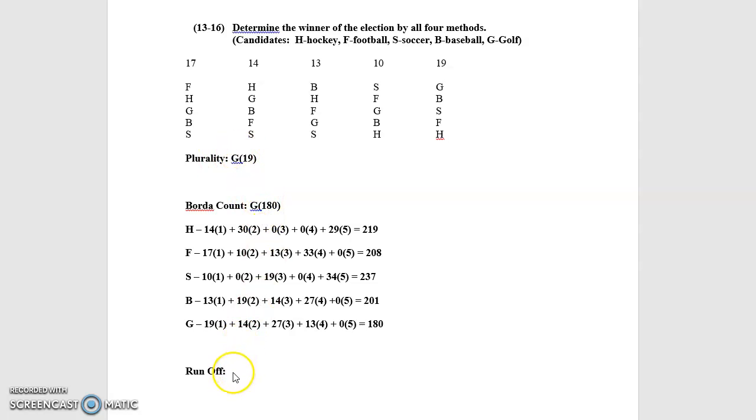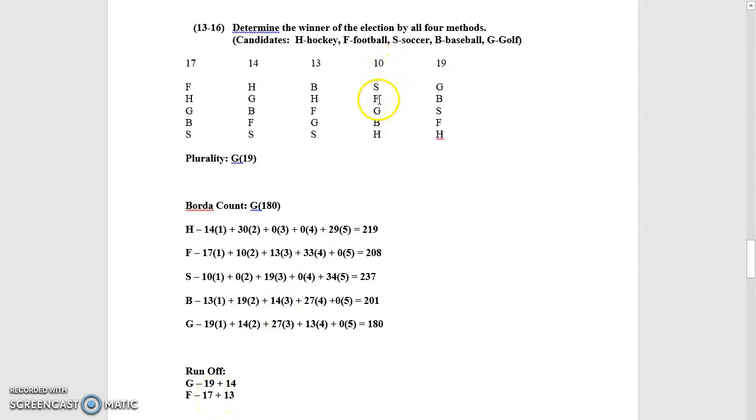Okay, now when I go to my runoff method, we have G with 19, we take the top 2 first place vote getters, and we have F with 17. We eliminate everything but G and F, so you'd have to cross them out on your own. H goes away, and G gets those votes, so we get 14 more for G. In the middle here, F would get the votes over G, so F would have 13 more votes.